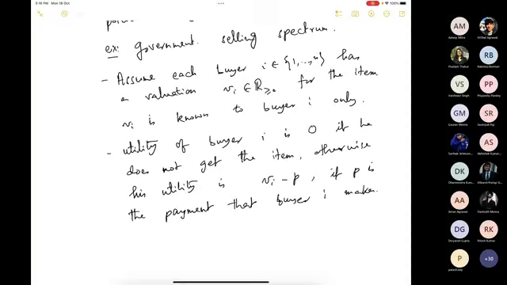The other way could be the reverse. The seller starts with a very high price, maybe 1 lakh rupees, and asks, is there any potential buyer? If not, the seller reduces the price slightly and asks again, until the seller finds a potential buyer.